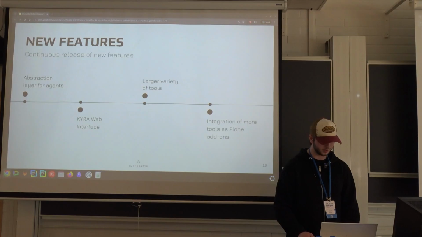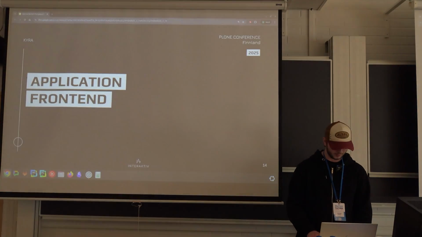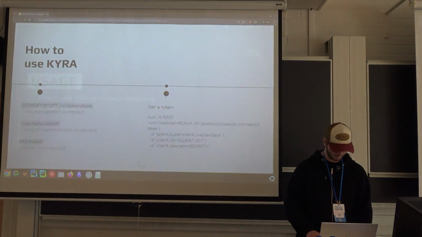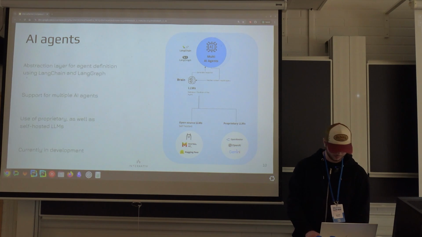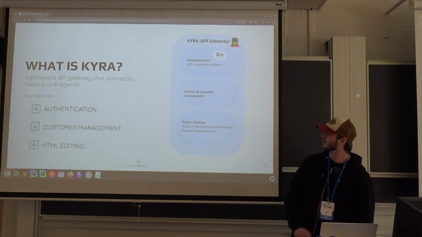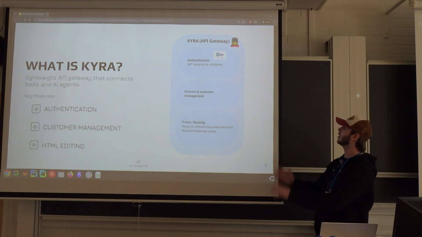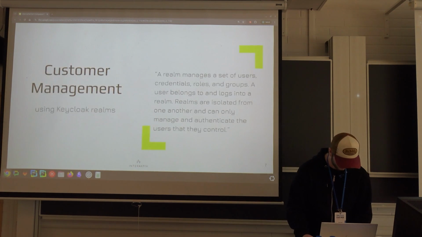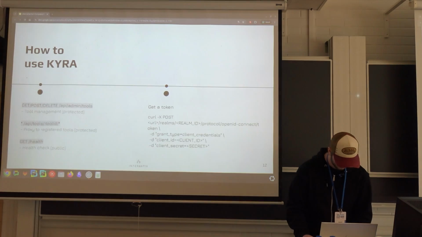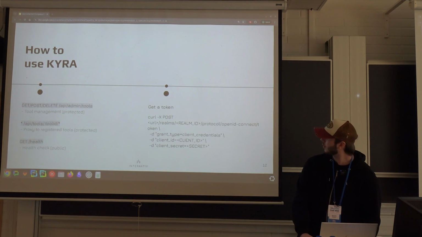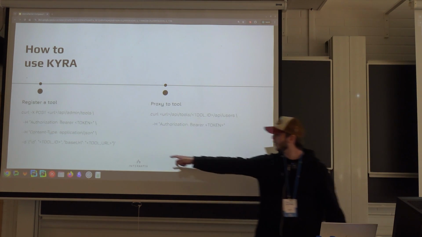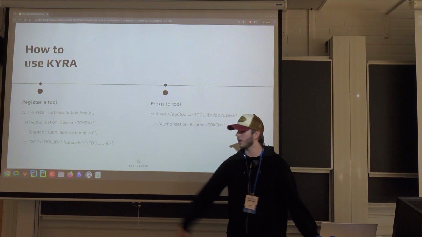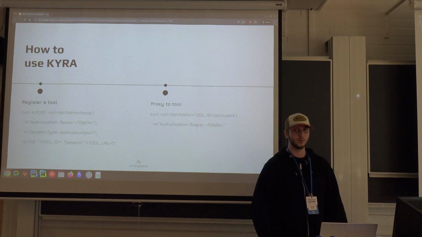I don't have the graphic right here. So basically you have this gateway, which is your central Kyra thing. This is the main part of it. And it can connect to tools, as can be seen. Right here, you give every tool an ID and a URL, and it will proxy your request to the tool.